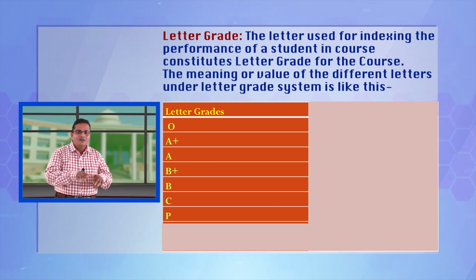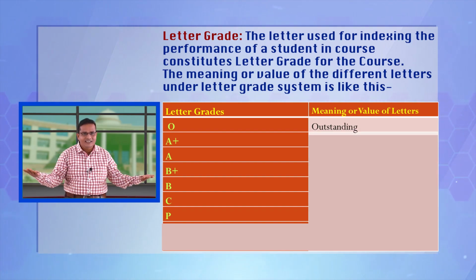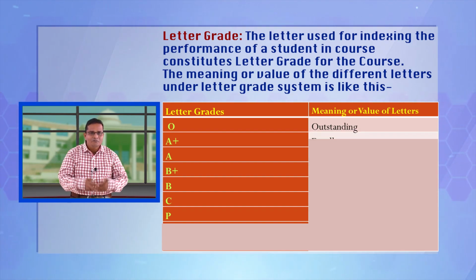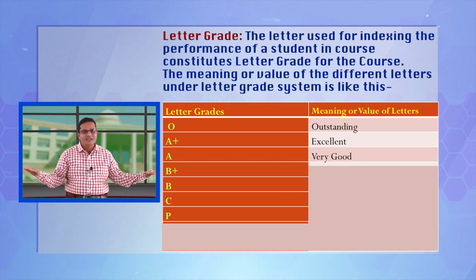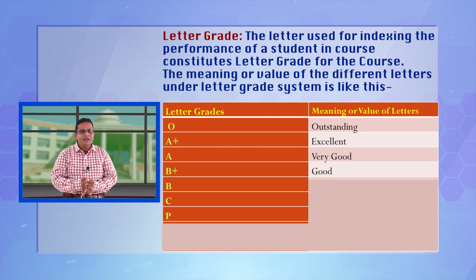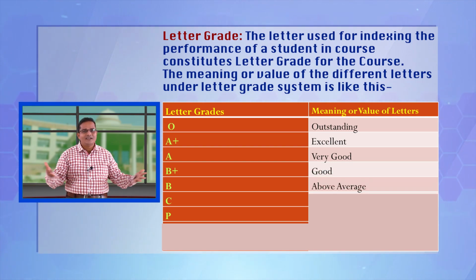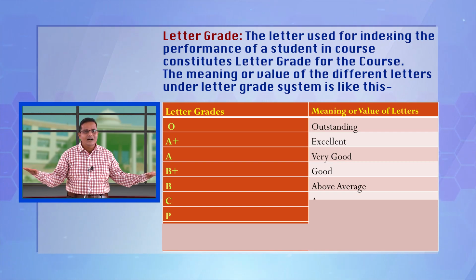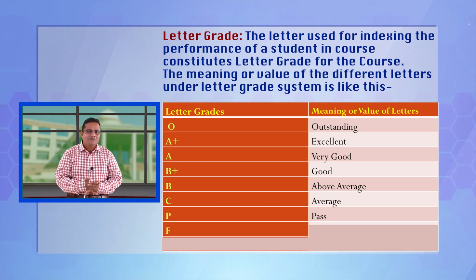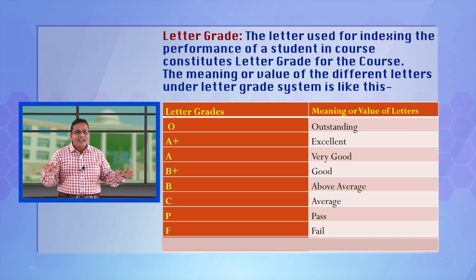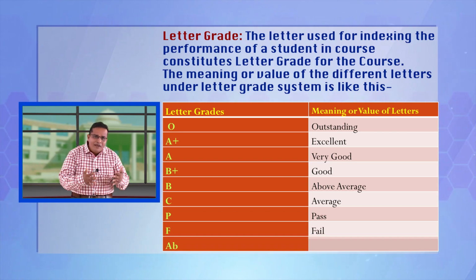O refers to outstanding, A plus means excellent, A means very good, B plus means good, B means above average, C means average, P refers to pass, F refers to fail and at last AB refers to absent.